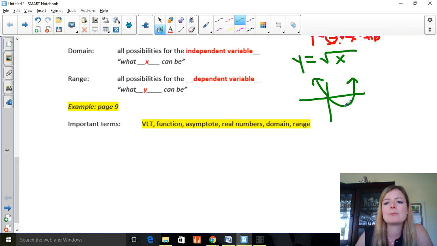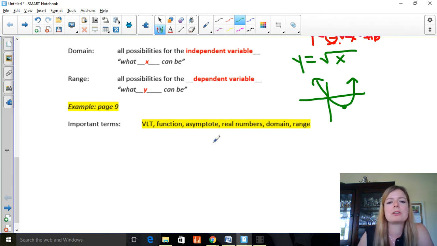But then past whatever this y value is, the function no longer exists. So the range is restricted by that lowest point. So when you're thinking domain, think how far can I go left and right, or is there anywhere where I can't go in my x's? And when you're thinking range, how far can I go up and down? Is there anywhere where I can't go with my y's?